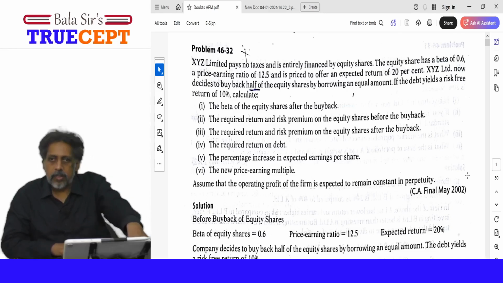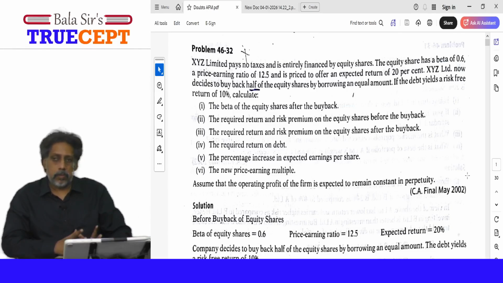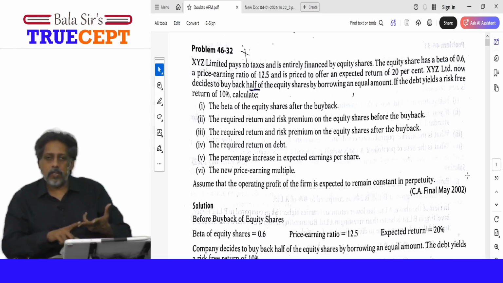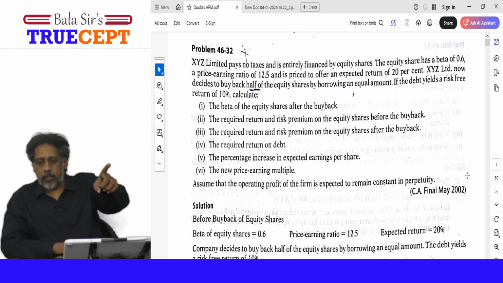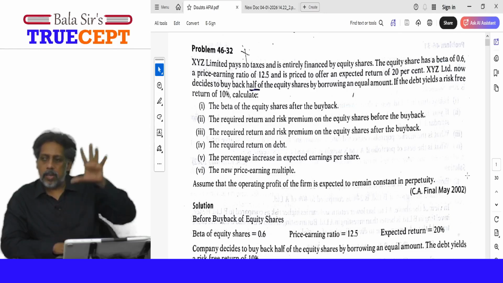Next. XYZ Limited now decides to buy back half of its equity shares by borrowing an equal amount. If the debt yields a risk-free return of 10%, calculate. It's given that out of rupees 100 equity funds, you want to buy back rupees 50 by taking a loan.